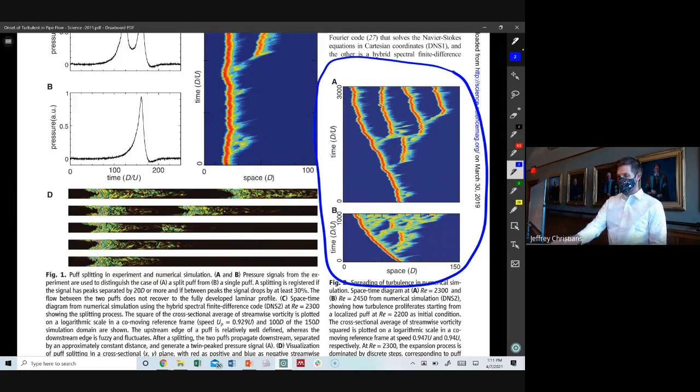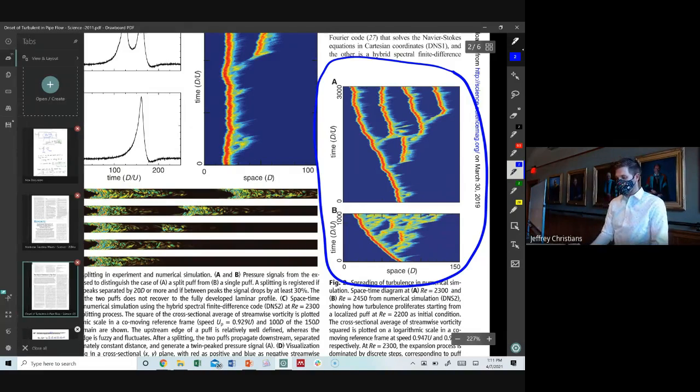So looking at how turbulence works, turbulent flows are all over the place.